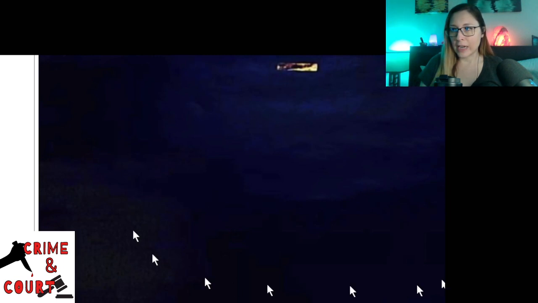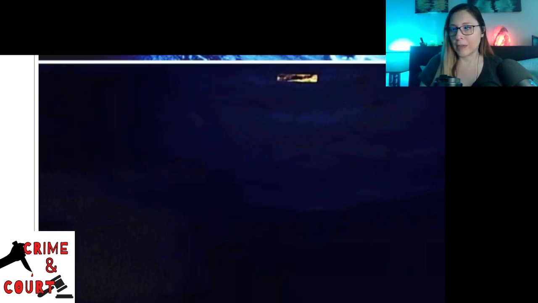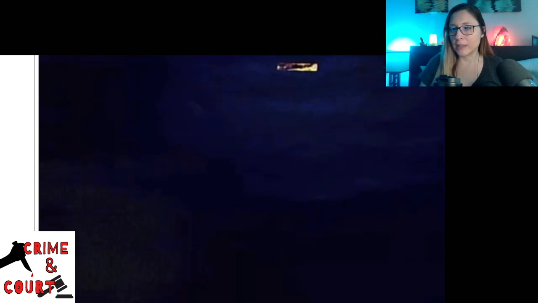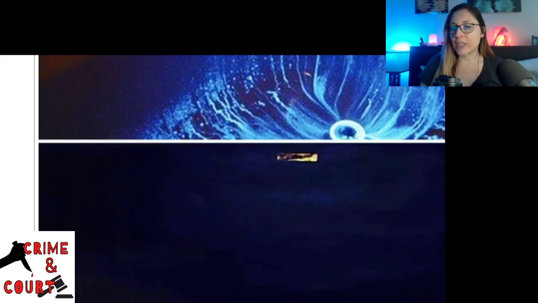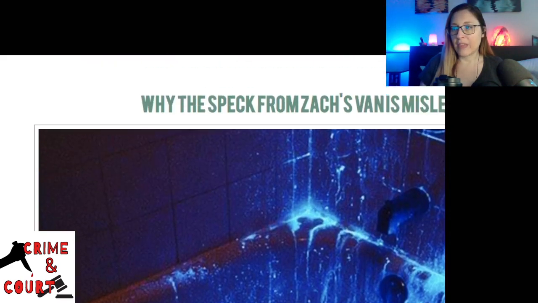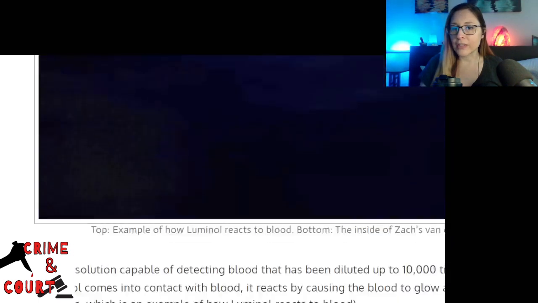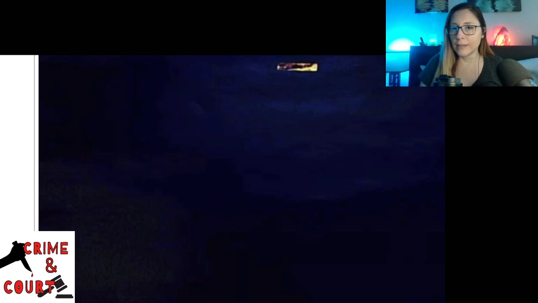This, Zachariah's truck, you could see the rear view mirror here. I don't see any luminol lit up. They said they found a tiny little bit. I don't even see it in here. So that's the difference. That versus that. Just be aware.